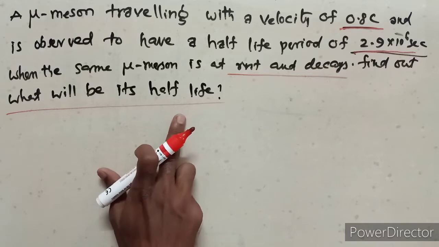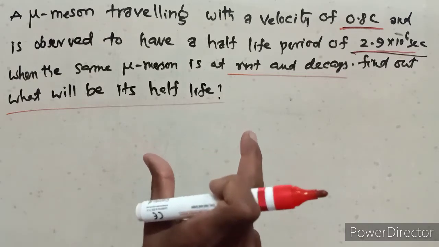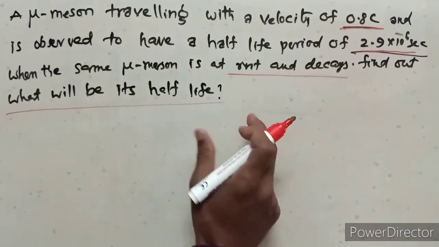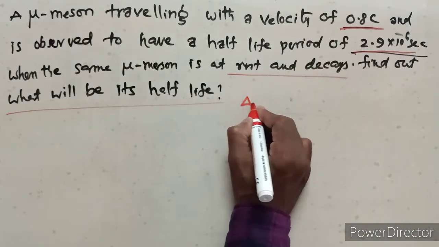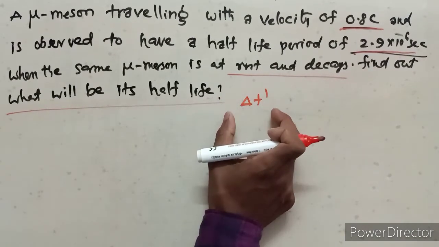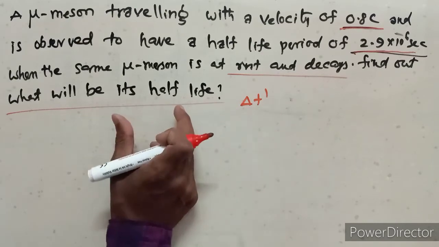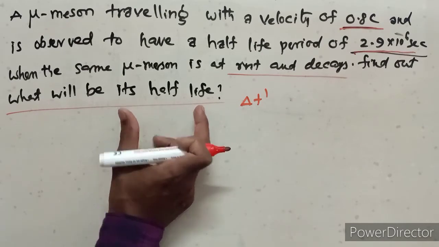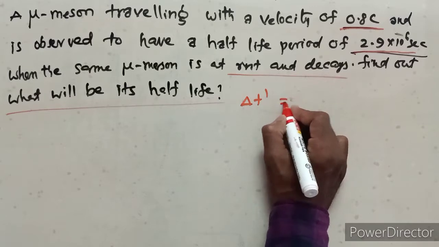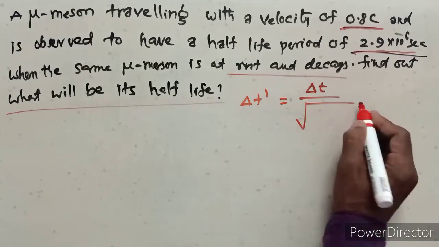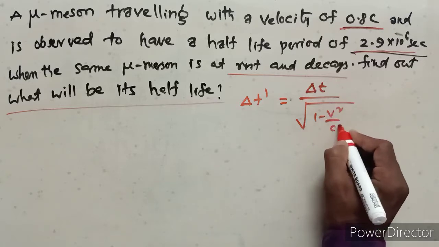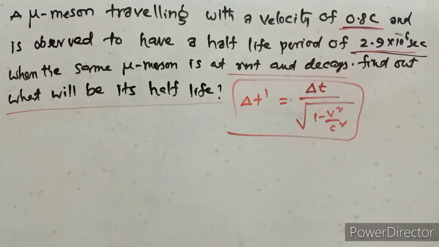What is the formula here? We have to find the time dilation, which is the half life. Time dilation: delta t dash equals delta t upon under root of 1 minus v square upon c square. This is the formula.